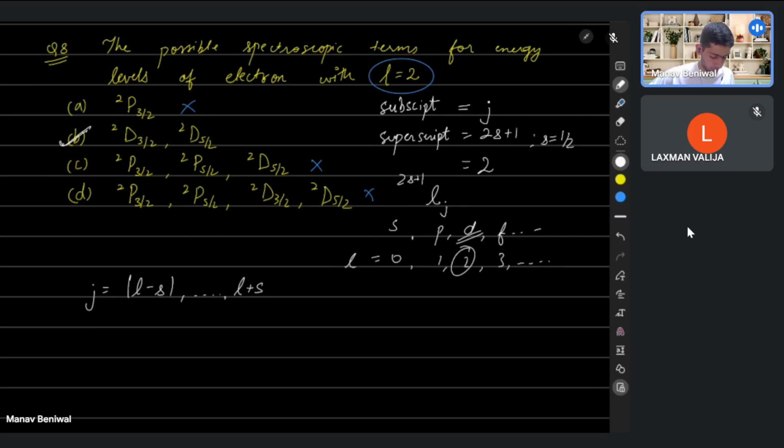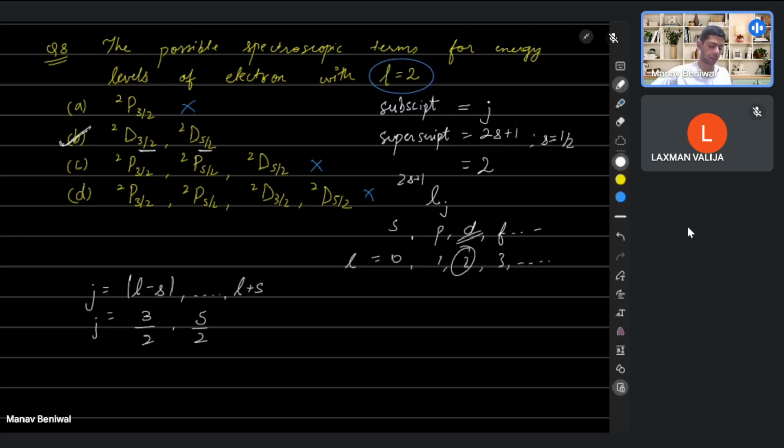So the first term becomes 3 by 2, and then we add 1, so this becomes 5 by 2, which is nothing but L plus S. These are the total values of J that we'll have, 3 by 2 and 5 by 2.